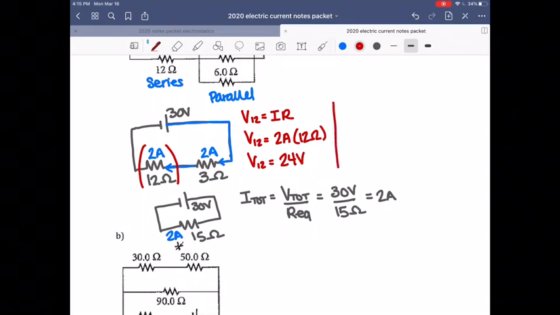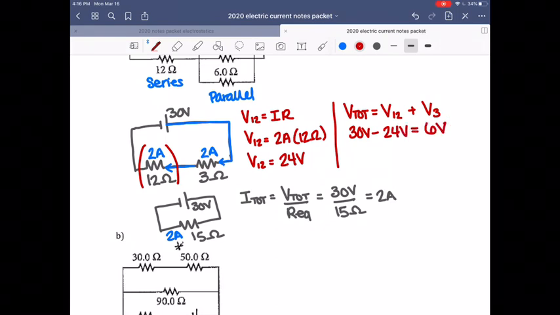And if we do a little subtraction from the battery, I'll have the voltage going to the 12 ohm resistor plus the voltage going over that equivalent 3 ohm resistor. I'm going to have 30 volts minus 24 volts. That's going to leave me 6 volts going over this portion of the circuit.